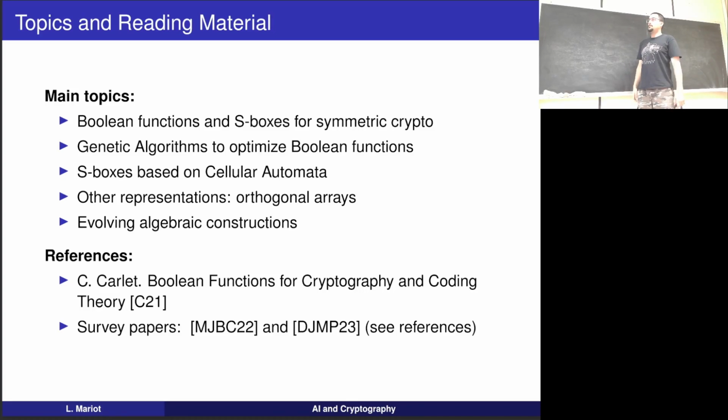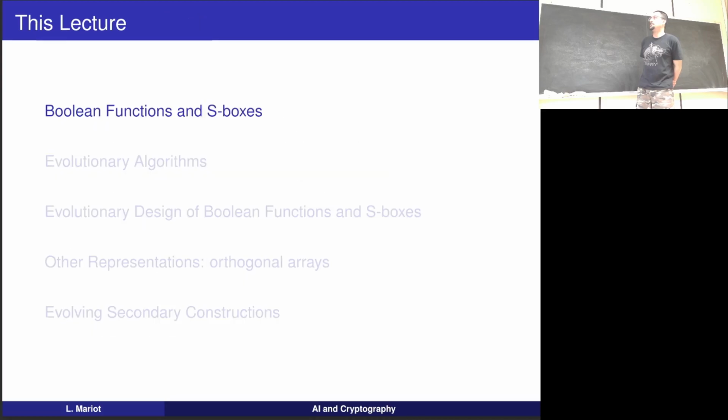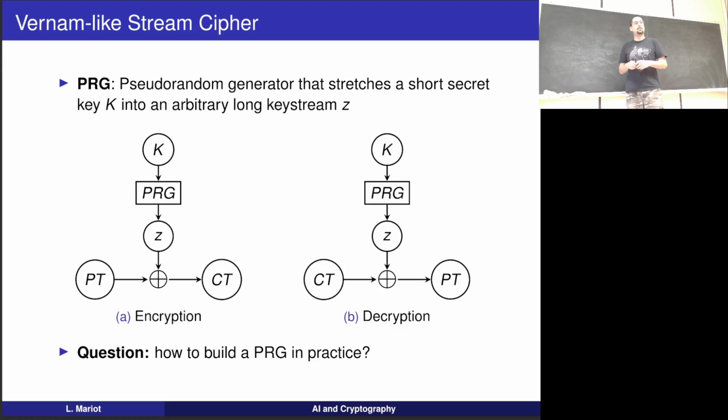Okay, so let's start. We start first with Boolean functions and Sboxes. If you remember yesterday, we said that in stream ciphers, where we have a symmetric encryption algorithm where each symbol, each bit is encrypted with one symbol or one bit of the key, one at a time, we need a pseudorandom generator.